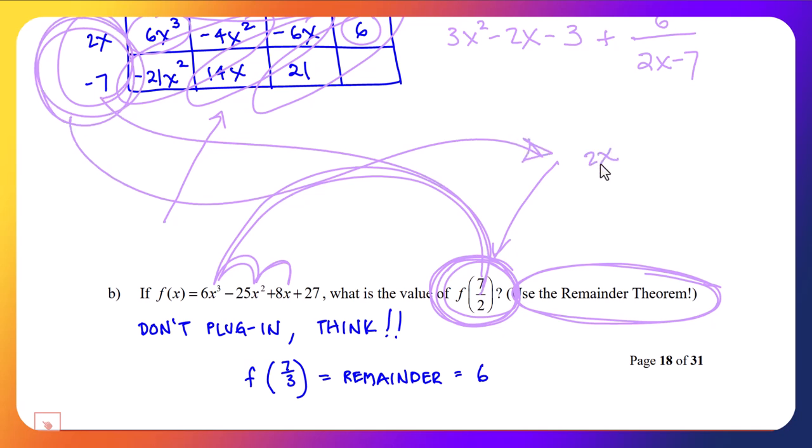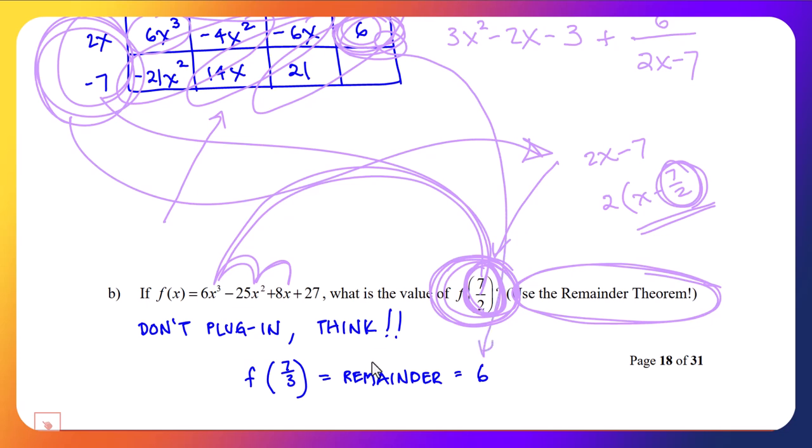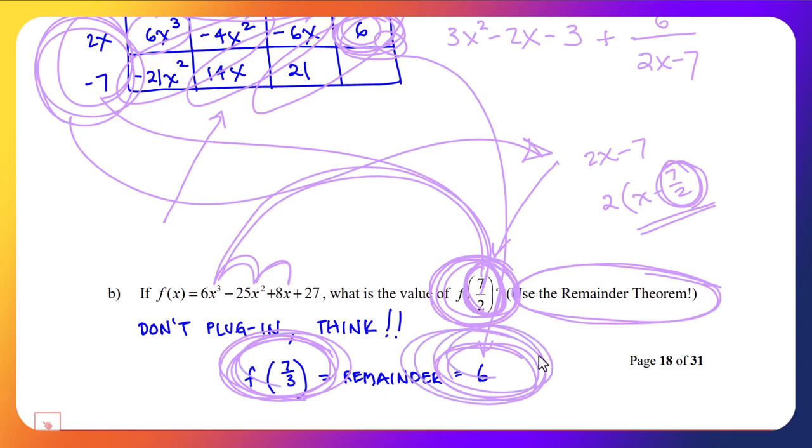If I have 2x minus 7 and I factor out a 2, that's x minus 7 over 2. Okay? So it's like dividing by this. So I can use a 7 over 2. And since I know the remainder is 6, the plug-in answer is also 6. The plug-in answer is the remainder.